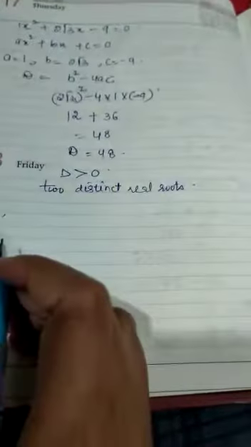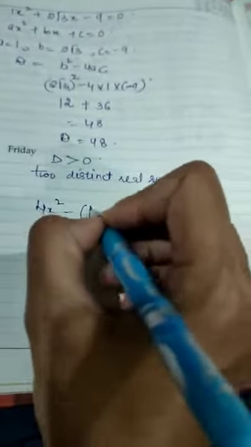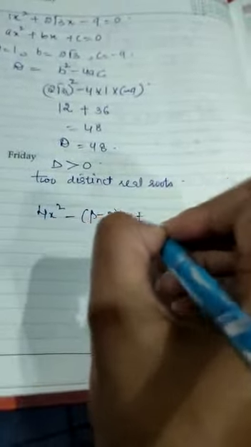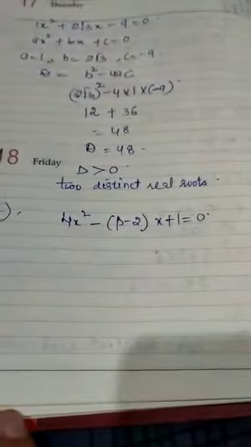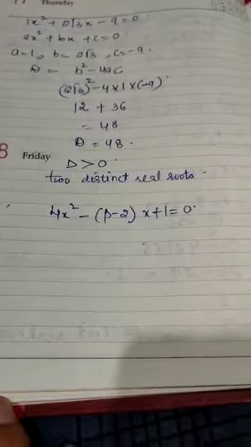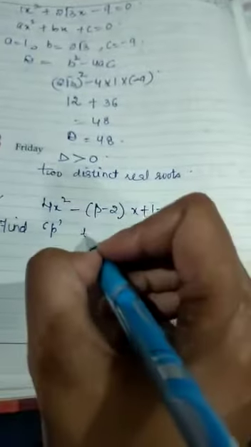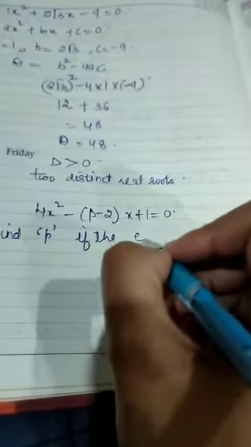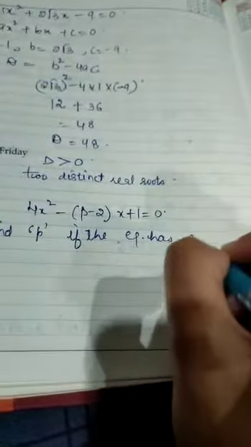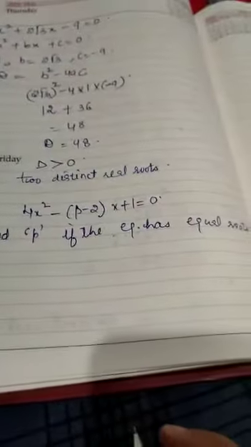Now the next topic: you have been given a quadratic equation, 4x square minus (p minus 2)x plus 1 equals 0, and they have told us to find p if the equation has equal roots.